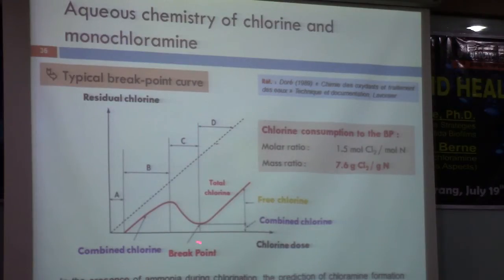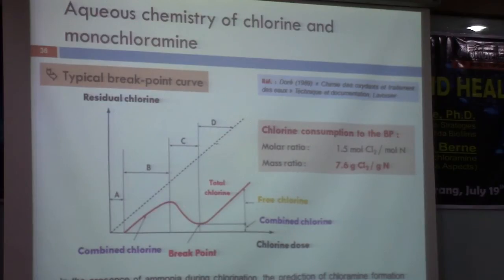And after this special breakpoint, that is to say 7.6 grams of chlorine per gram of nitrogen, you have free chlorine, as HOCl. So this curve is very important.